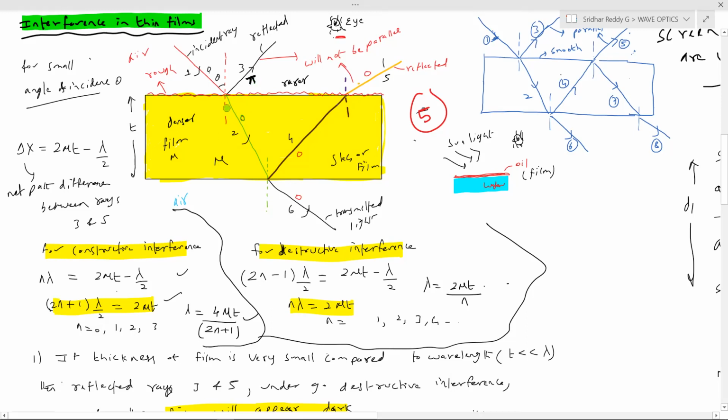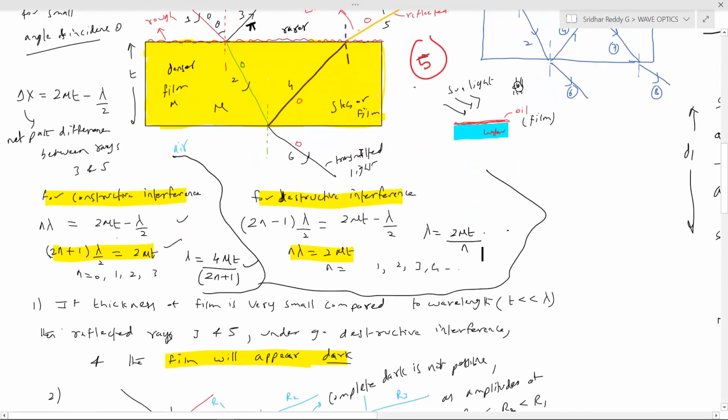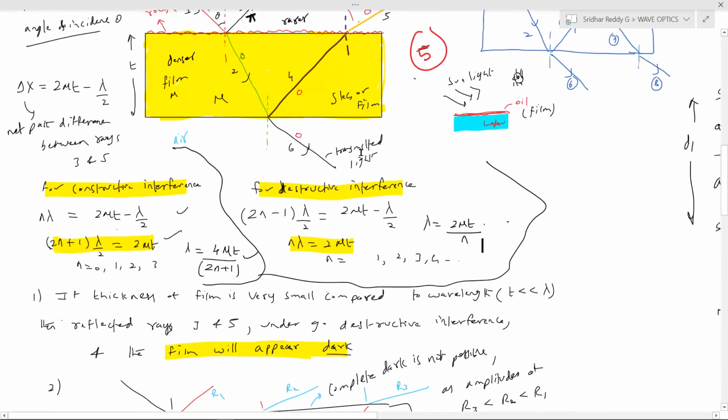And if the thickness is very small, the optical path length can almost be neglected. So the net phase difference will be only pi. If the phase difference is pi, then they undergo destructive interference, and the eye will notice that the film is dark. Though light is incident on the film, still the film will appear dark. That is what it means when we say the film will appear dark.